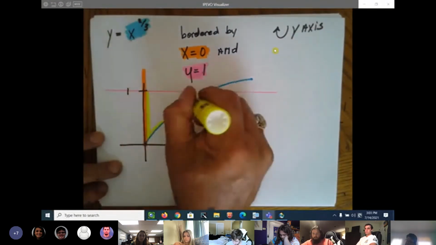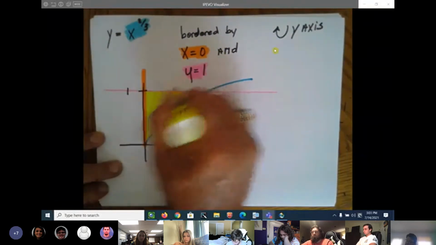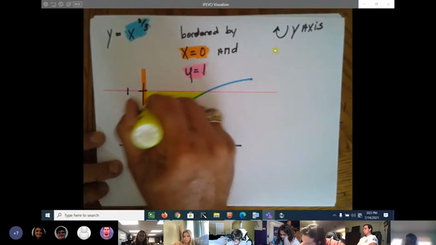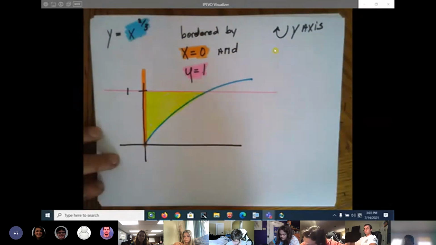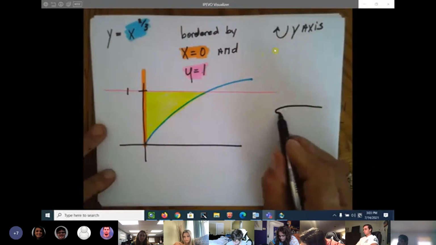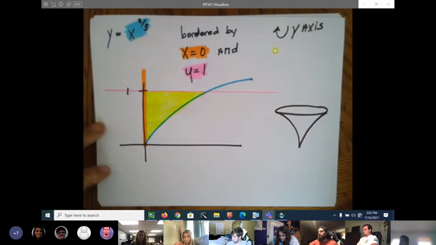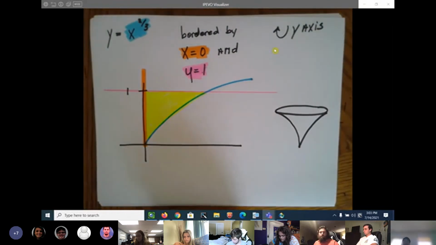And now you can set up your integral. So it's going to be looking like that top again. Looks like a top. That's what it's going to look like.